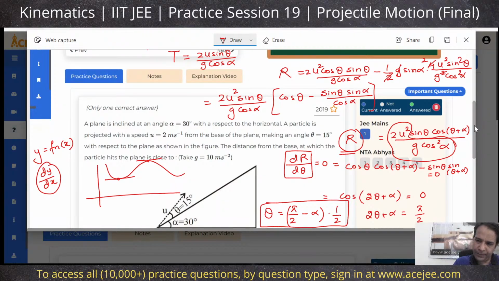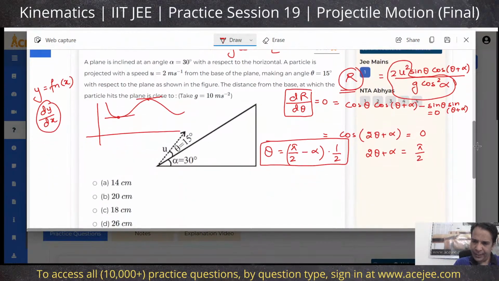Now if you put theta as this, what do we get for the range? What is the maximum range? R maximum is 2u squared upon g cos square alpha times sine theta cos of theta plus alpha.